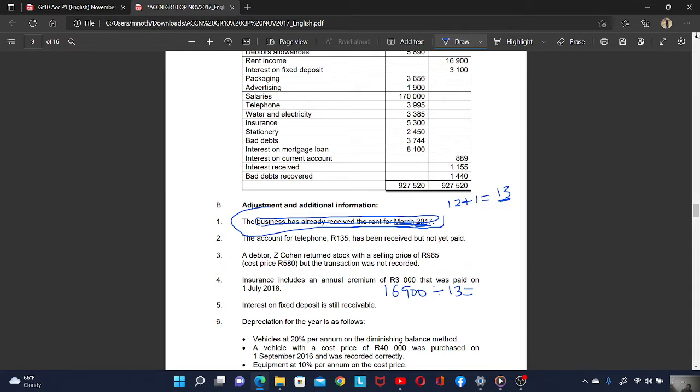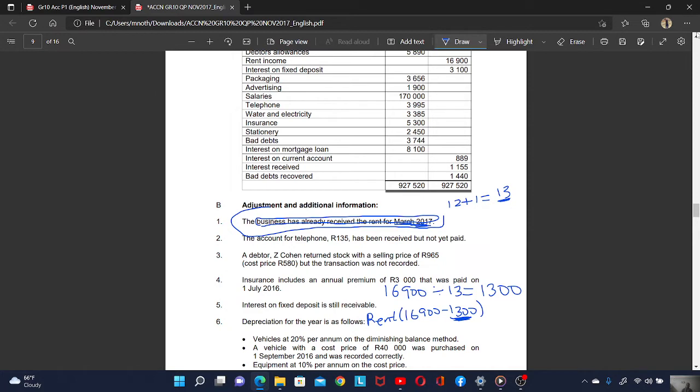So 16,900 divided by 13 is 1,300. So the rent is 1,300 per month. In an income statement, you are going to report it like this. We're going to say rent income at 16,900 minus 1,300, because you must always subtract the income received in advance.